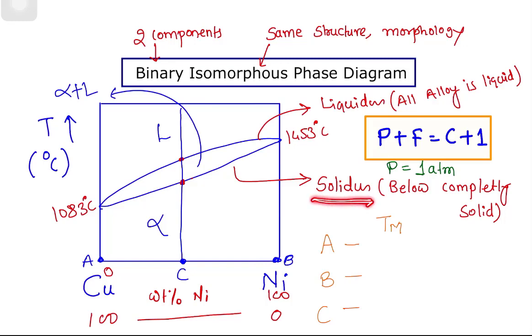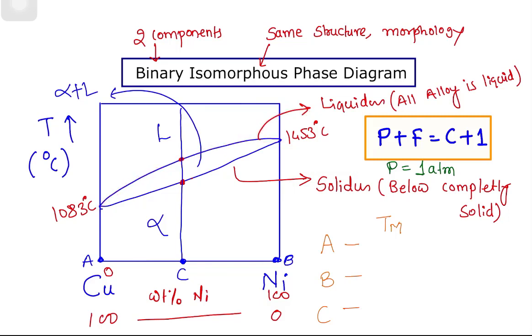Below the solidus line everything is in a solid form, above that it will be solid plus liquid. Similarly the top boundary here is the liquidus line, which separates complete liquid and solid plus liquid. Above this line all alloy is liquid, below this line we have solid plus liquid.